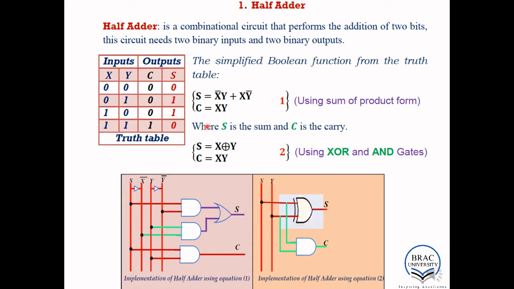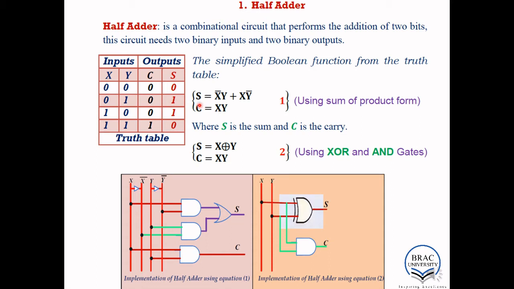For c, if you look at it, when both of the inputs are high, the output is high, otherwise the output is low, which is basically the truth table for an AND gate. That's why c equals x dot y.